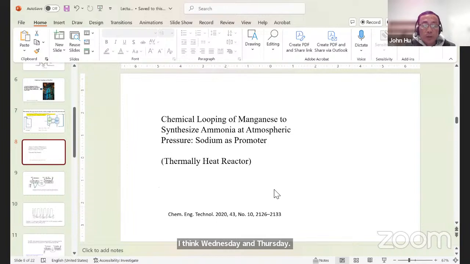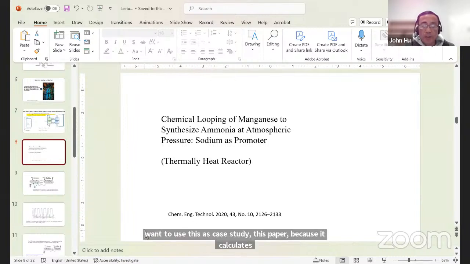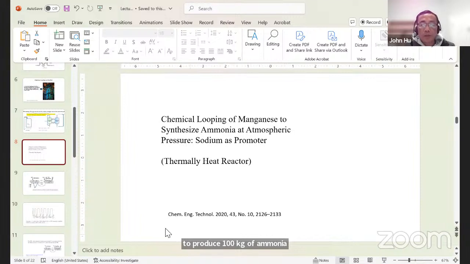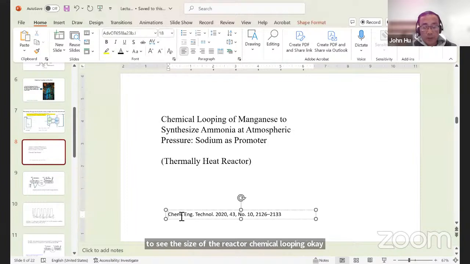I want to use this paper as a case study, because he calculated, to produce 100 kg of ammonia by chemical looping, he needs like 1 ton of manganese. So I'm going to interpret his data today, but I will email Dr. Anand this paper. I want everybody to do a little bit of homework, pre-read, come to class, and then using his data, let's do a calculation to see the size of the chemical looping reactor. Okay, so just keep in mind this paper I'm going to send to you.